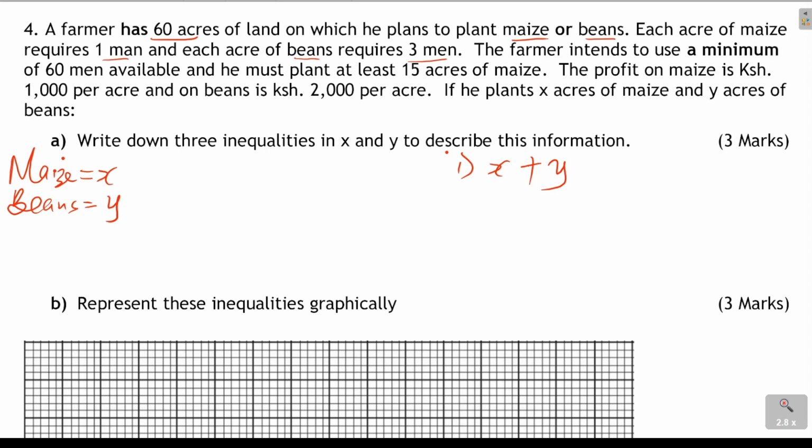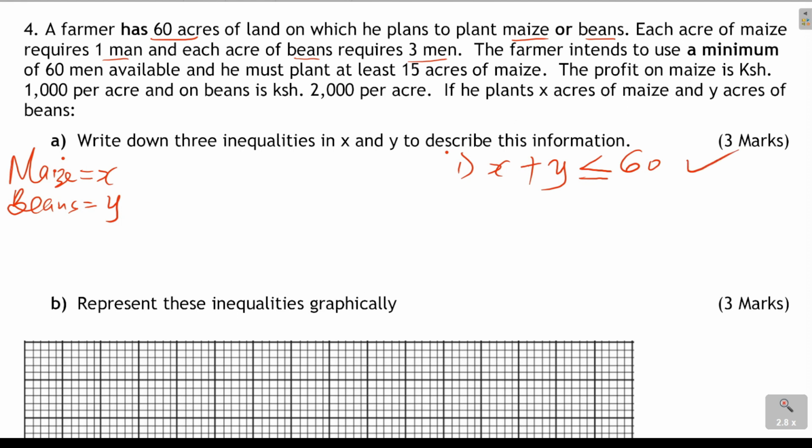That means X plus Y should be less than or equal to 60. It can't be greater than that since he has only 60 acres of land. When you take the sum of acres for maize and acres for beans, it should be less than or equal to 60. That is the first inequality.